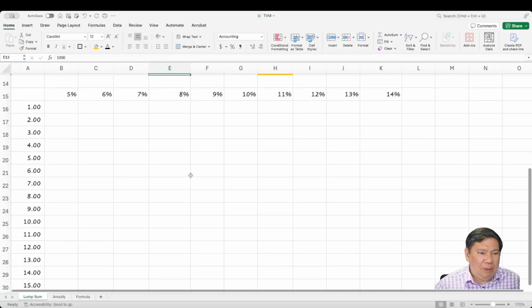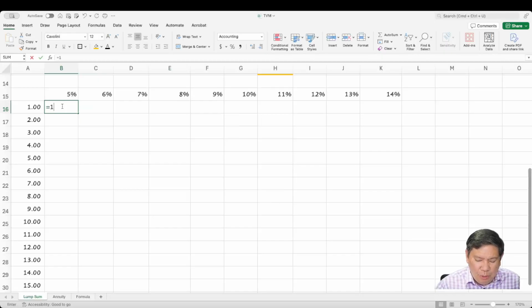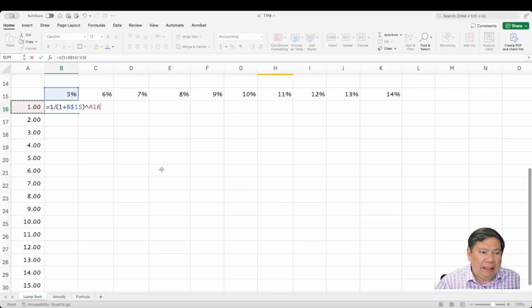The table is basically equals 1 divided by 1 plus R, and because I want to copy the formula, I will lock the row, to the power of t. This is for 1 year.